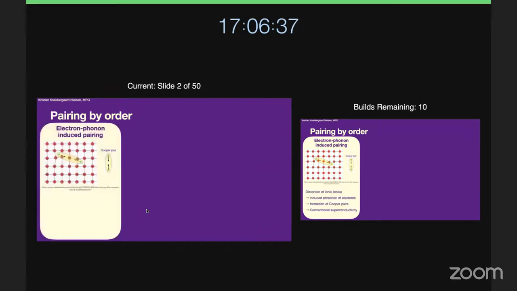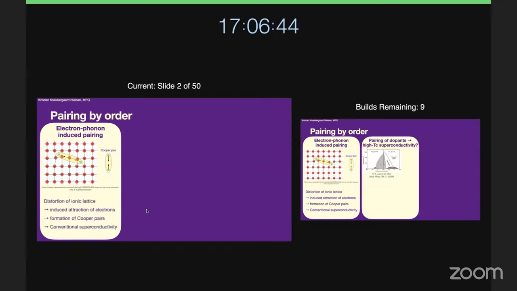The prototypical example is electrons in an ionic lattice. The distortion of the lattice leads to an induced interaction between the electrons moving around. This leads to Cooper pairs, and as most of you probably know, to conventional superconductors.